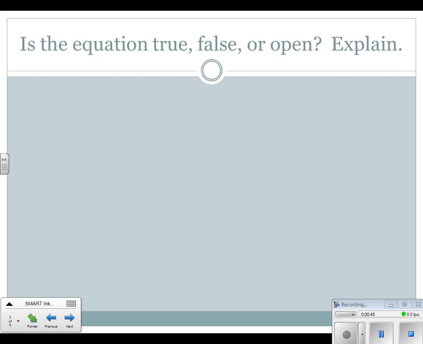Is the equation true, false, or open? Number 1, 17 plus 9 is the same as 19 plus 6. So we look, 17 plus 9, that's going to give us 26. Is that the same as 19 plus 6, which is 25?